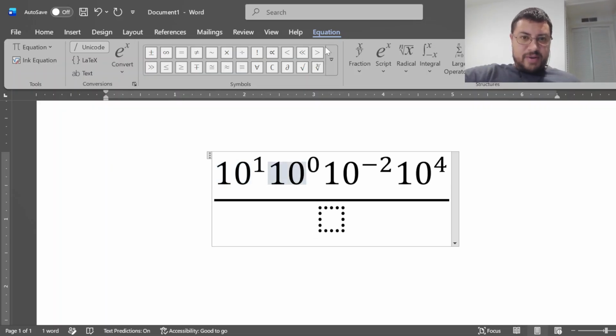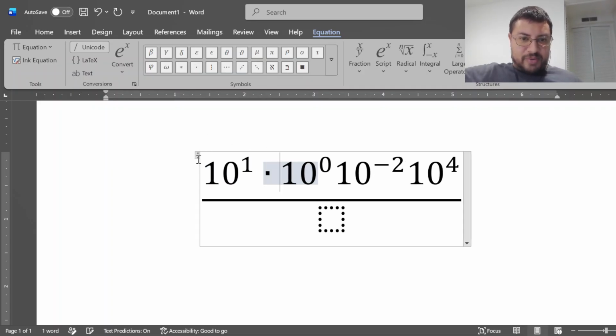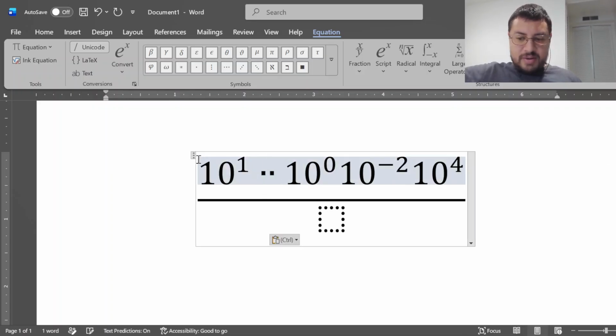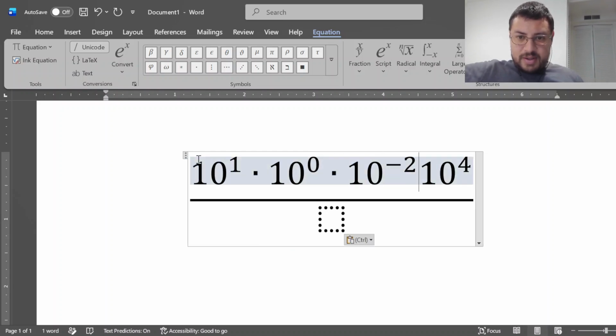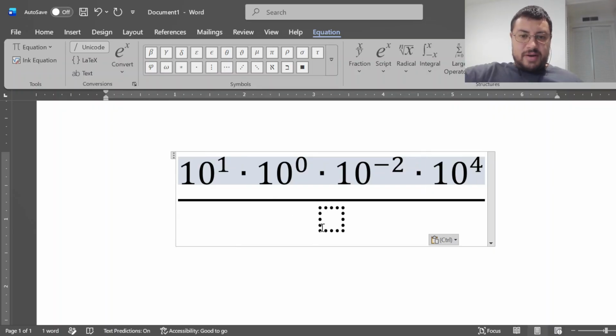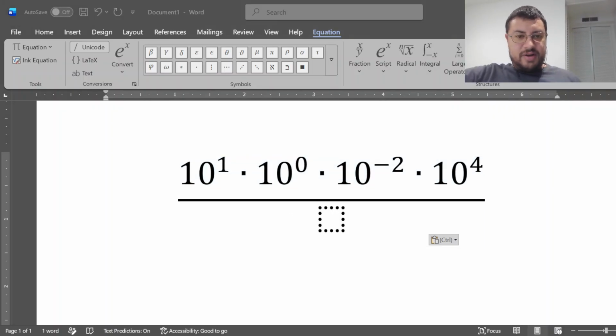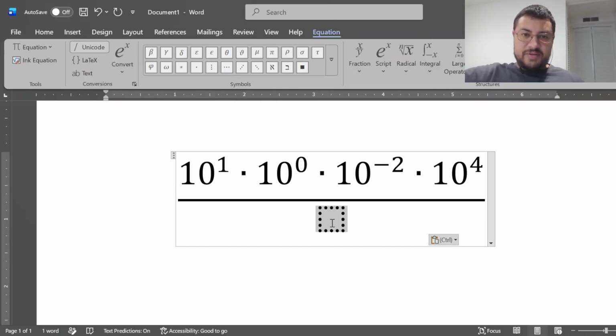Okay, if I want to get really fancy, I could put these bullet operators, show multiplication going on. Yeah, that's good. Okay, and then what did I have in the denominator? 6 and -7.